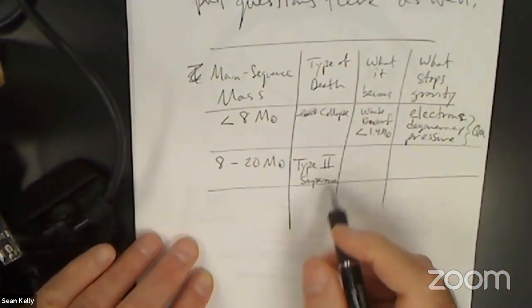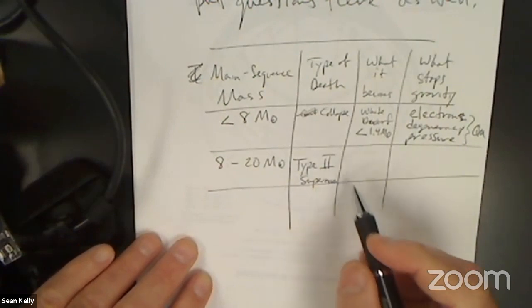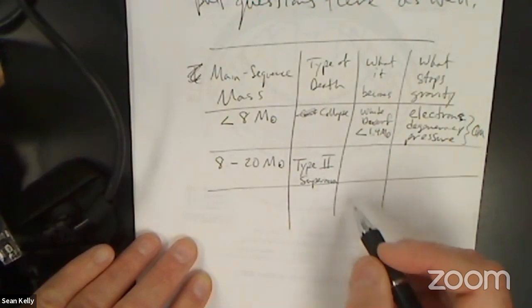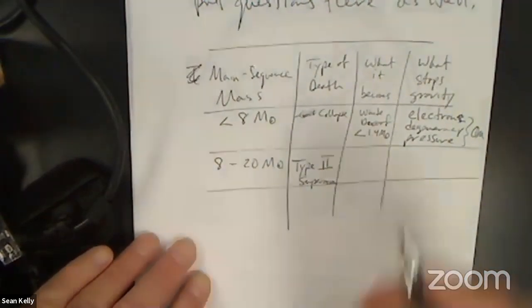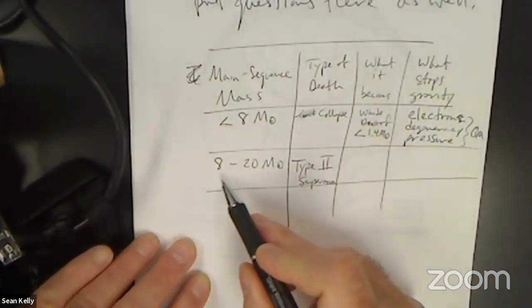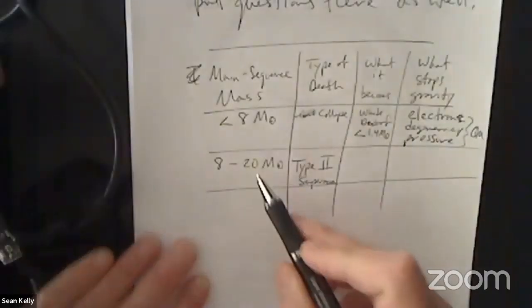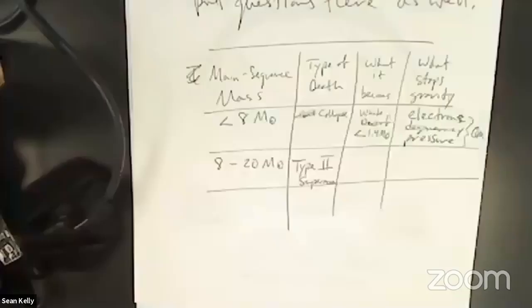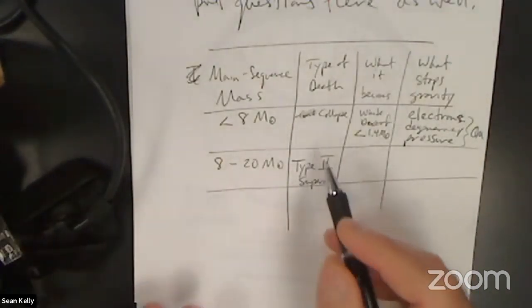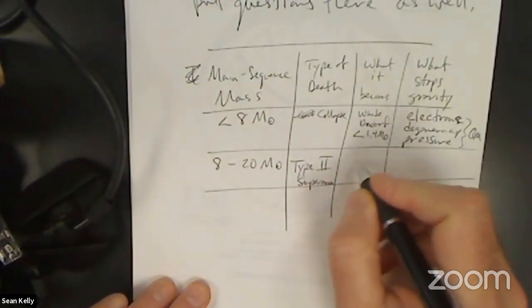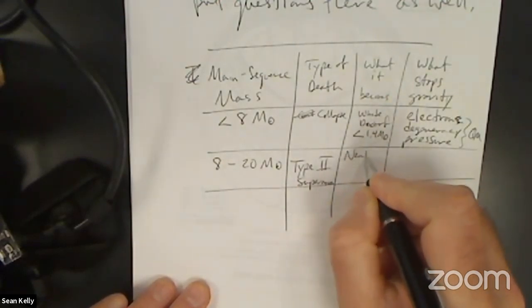What it becomes is actually a really interesting question. It may be that 20 is too high right now, but we said 20, and we think 20 is about right. So don't worry too much if it's not exactly right. But what you get is a neutron star.